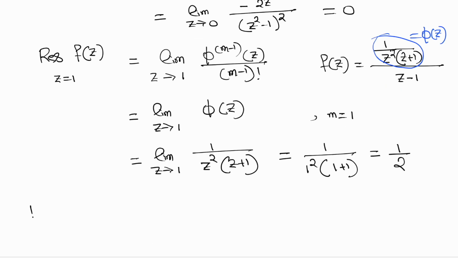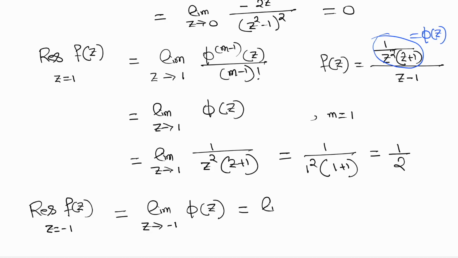In a similar way, the residue of f(z) at z = -1 will be equal to the limit as z tends to -1 of phi(z). But in this case, phi(z) will be equal to 1/(z^2 (z - 1)), because z + 1 will appear in the bottom.